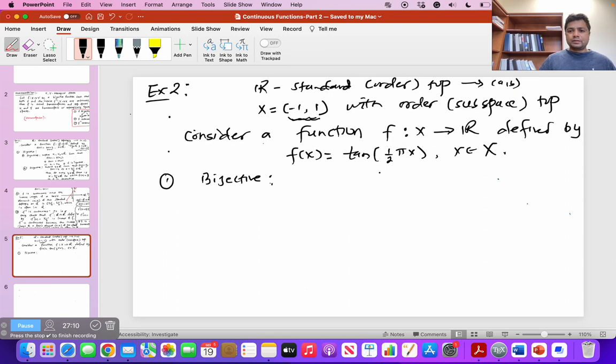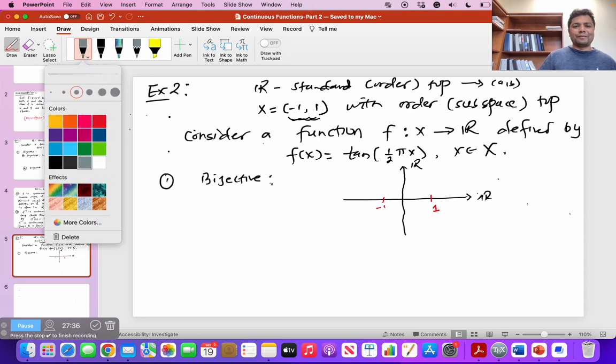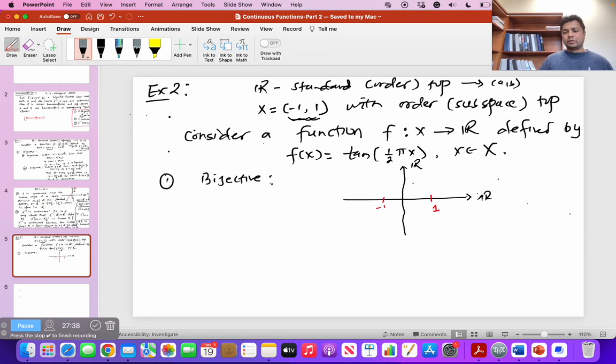Let me remind you of the graph of the tangent function, tangent 1/2 pi x, between negative 1 and positive 1. You can see the domain of our function is simply that interval from negative 1 to positive 1. I'm sure you have seen the graph of the tangent function in your trig class.